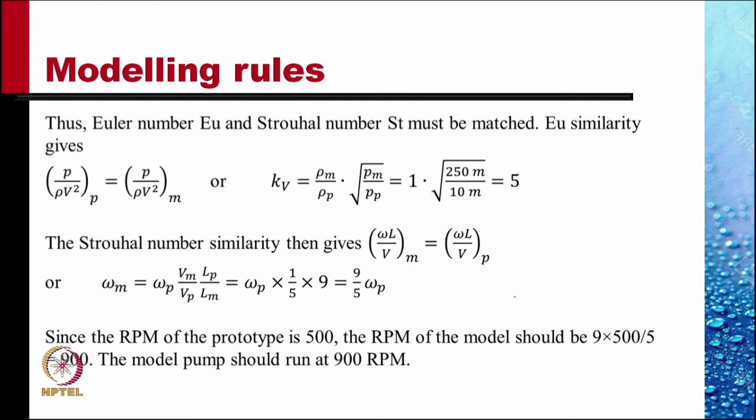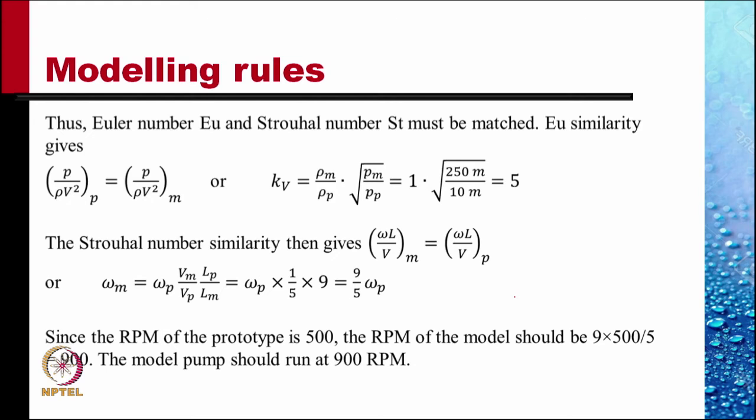Then we use Strouhal number similarity, and from this we get omega L by V for the model is the same as that for the prototype. And so omega for the model is obtained as 9 by 5 the value for the prototype.